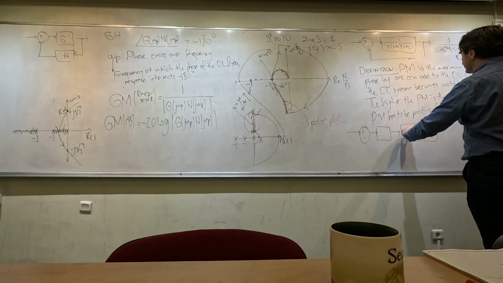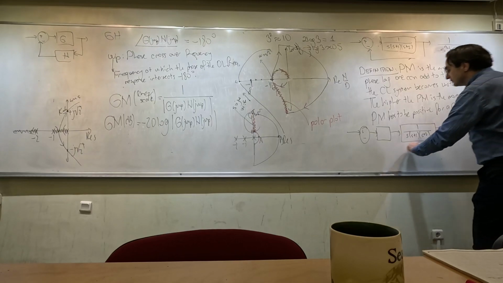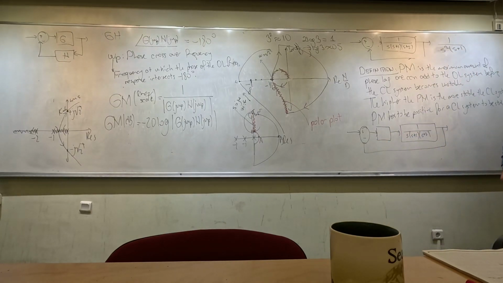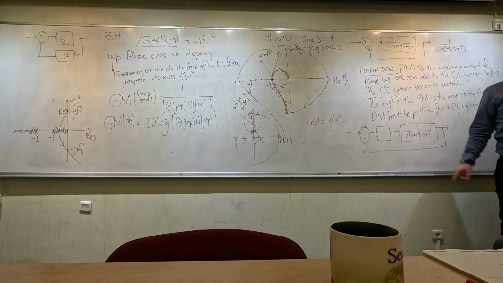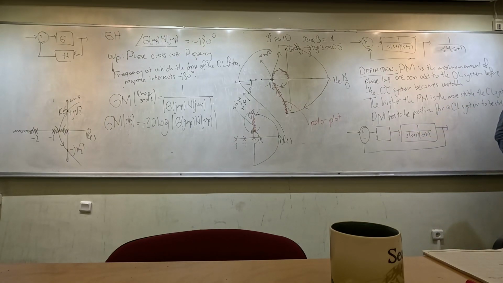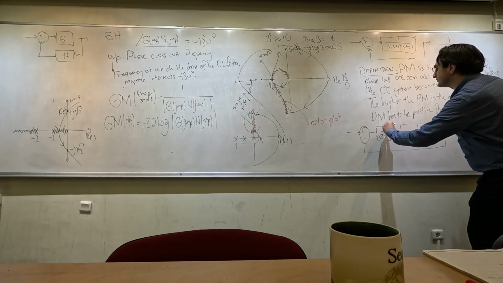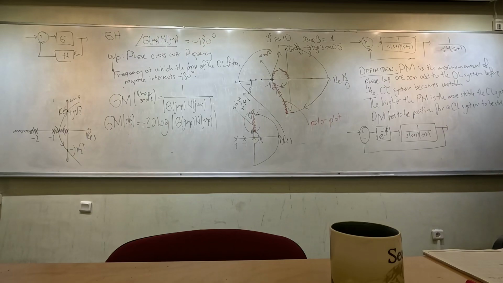So I have 1 over (s plus 1)(s plus 2) here. And instead of some real gain there, I will add a phase lag. A phase lag is going to have the form e to the minus j phi here. It is just going to be a phase lag.